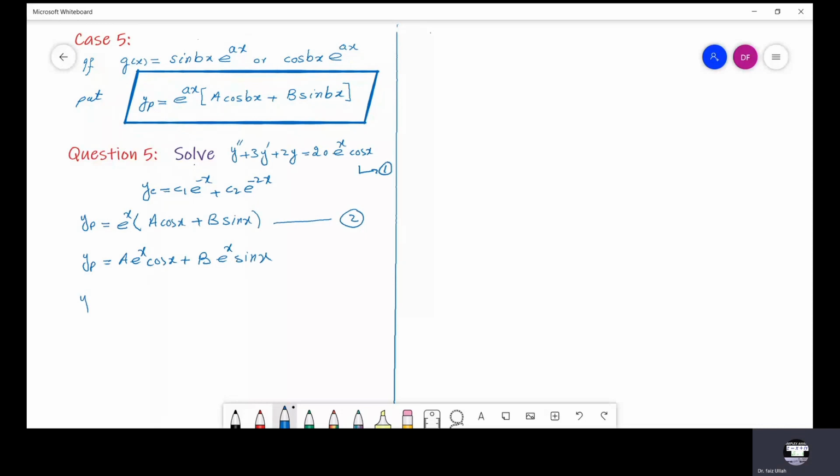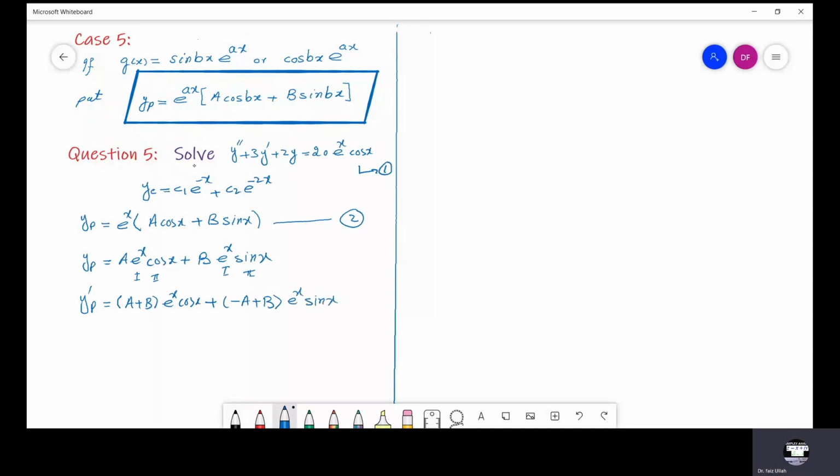And let us differentiate this, y dash. We apply the product rule on the first term as well as the product rule on the second term. And after simplification, we get (a plus b) into e power x cos x plus (minus a plus b) e power x sine x.